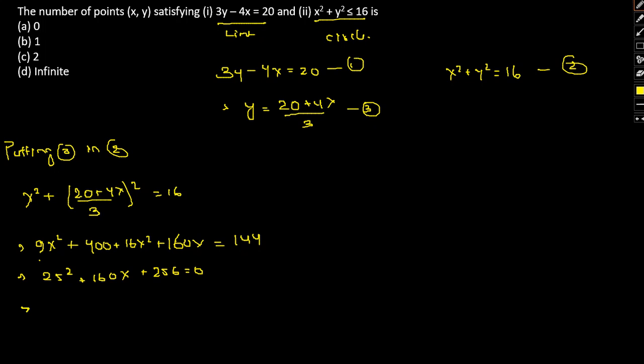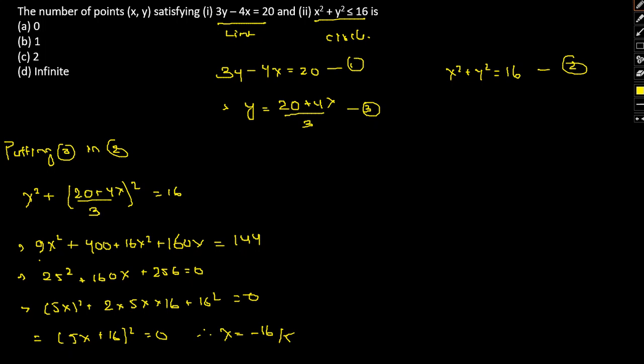So this one we can actually write as (5x) whole squared plus 2 into 5x into 16 plus 16 squared. We can actually represent it in that way. So this is nothing but (5x plus 16) whole squared equal to 0. So therefore x will be minus 16 by 5. Okay, so minus 16 by 5.